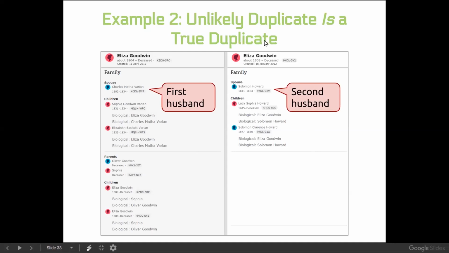And I discovered that the Eliza Goodman who married Solomon was the daughter of this Oliver and Sophia, just as was the Eliza Goodwin who married Charles. So that gave us the proof that we needed, that even though this information seems to indicate they might not be the same person, just checking historical records showed us that they actually were.